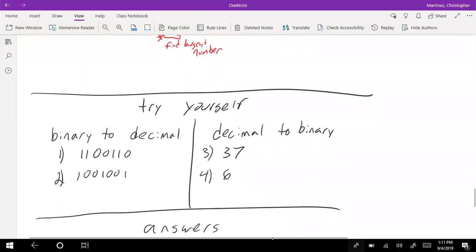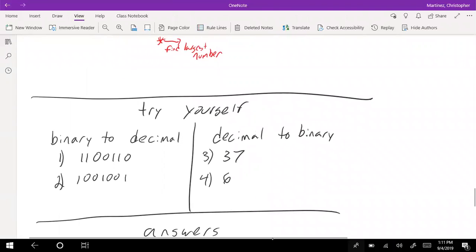So here are some you can try yourself. Why don't you pause the video right here, write these values down, and then I'll show the answer. I have 2 for going from binary to decimal. The first problem is 11001110. The second problem is 1001001.